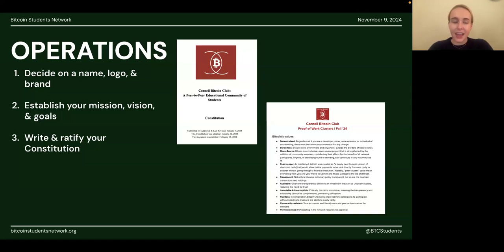It's permissionless, so it didn't feel right to me to have an application. I really feel like Bitcoin is for everyone here on campus to learn about and come if you're curious, and I didn't want an application to turn others away. So we have no application, and instead of an e-board, we came up with a miner board.